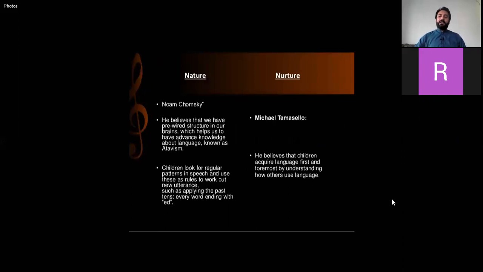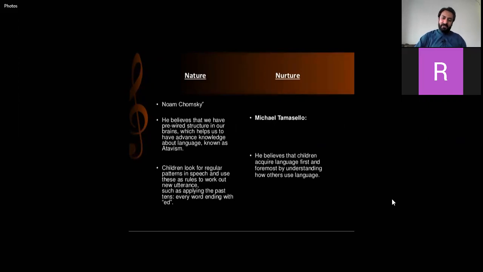Nature basically is the theory that Noam Chomsky believes. He believes that we have a pre-wired structure in our brain which helps us to have advanced knowledge about language, known as atavism.